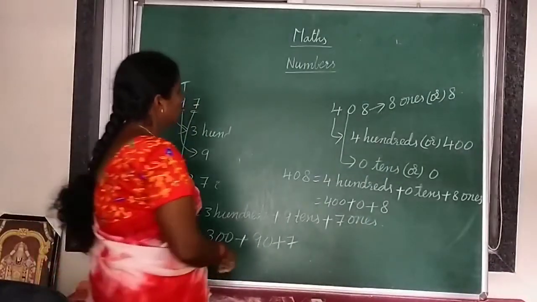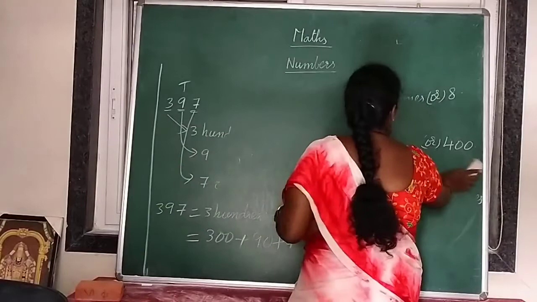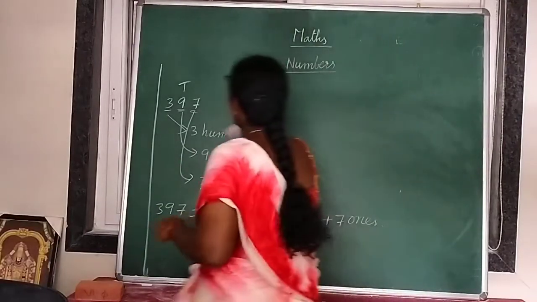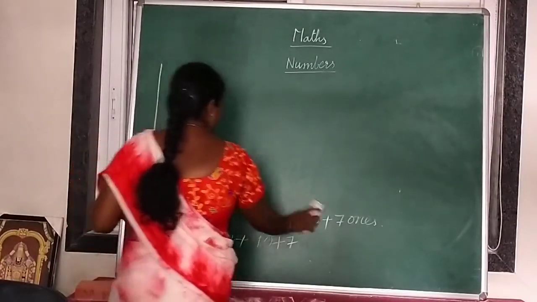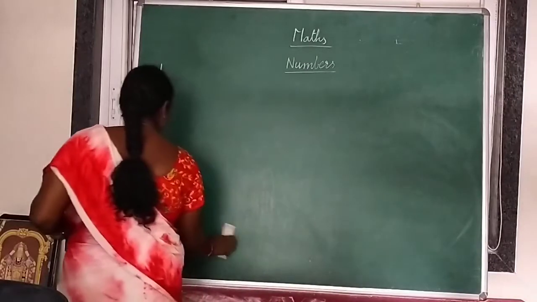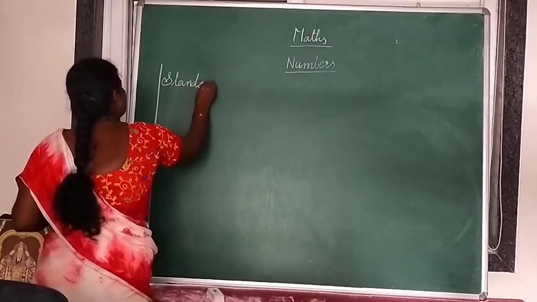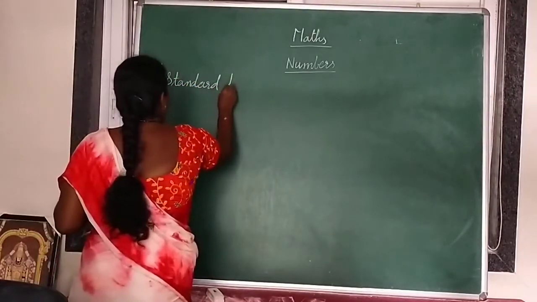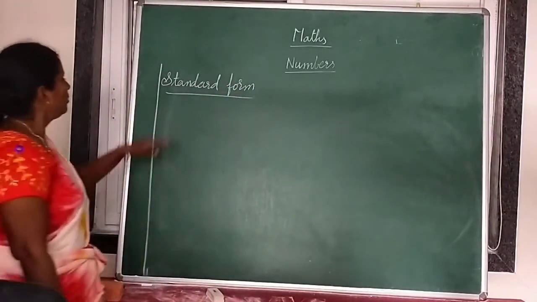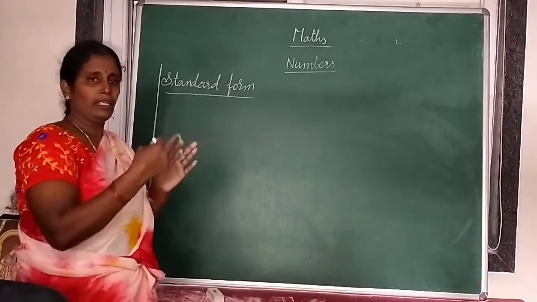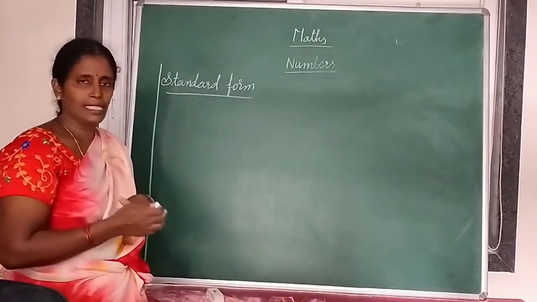Very good. Now today we are going to learn standard forms. Expanded form you learned in the previous class. Today we are going to learn standard form or short form.